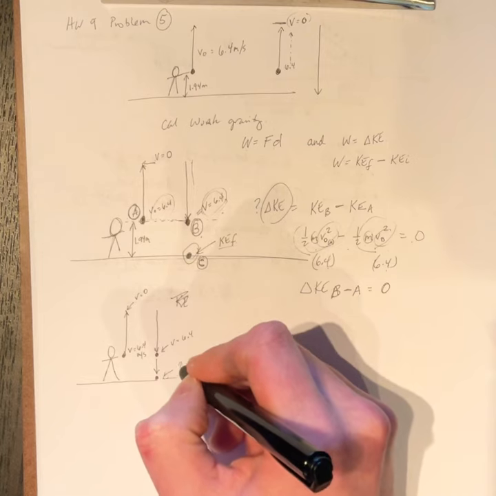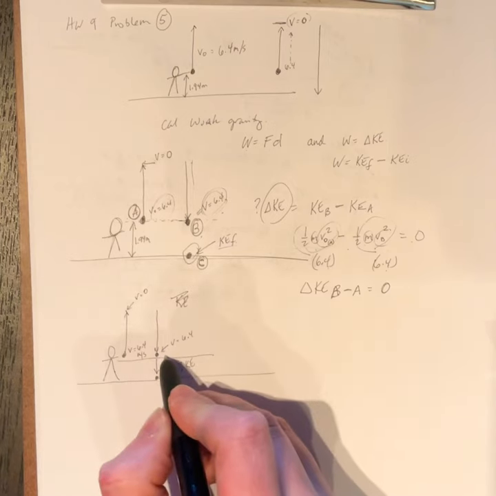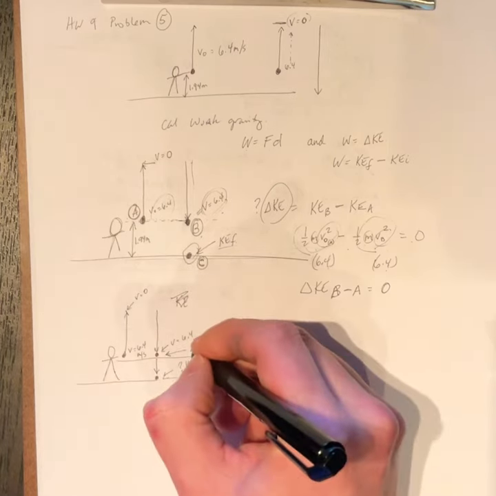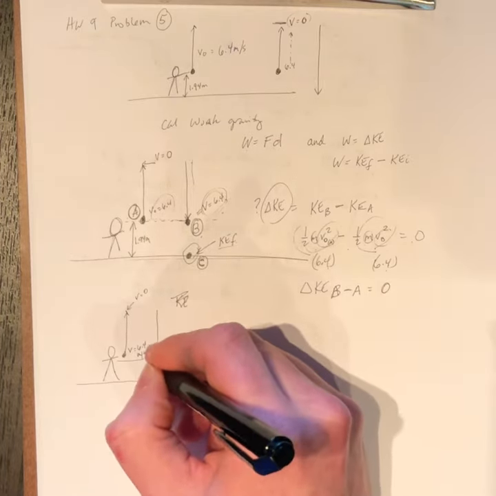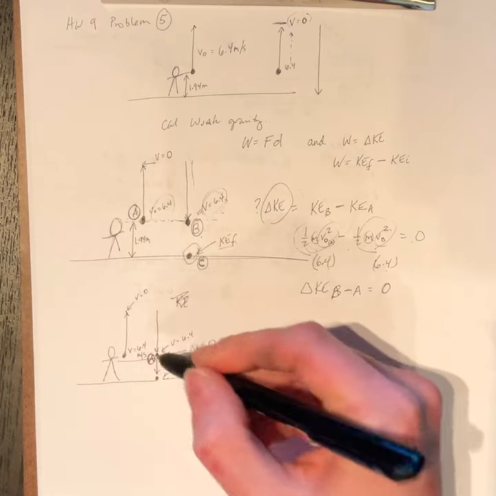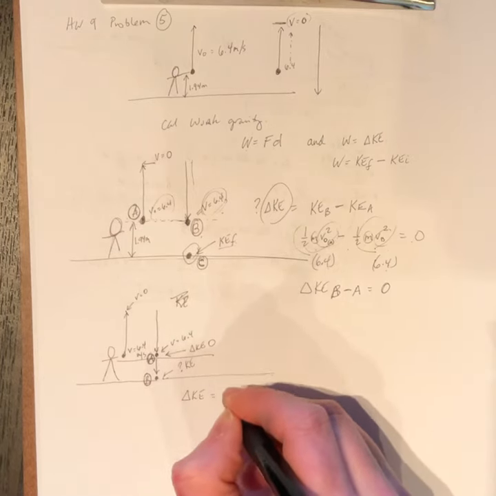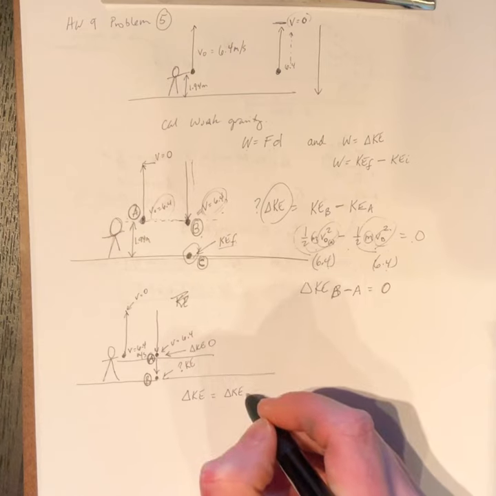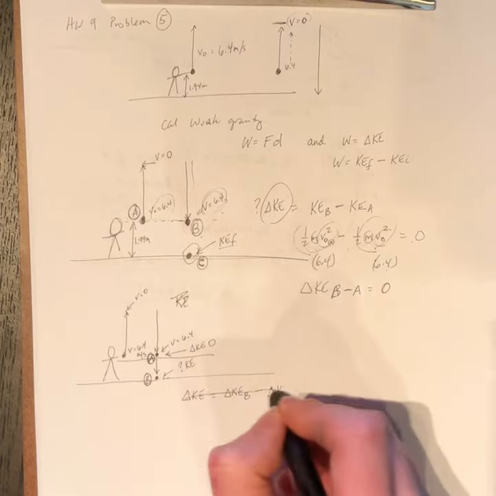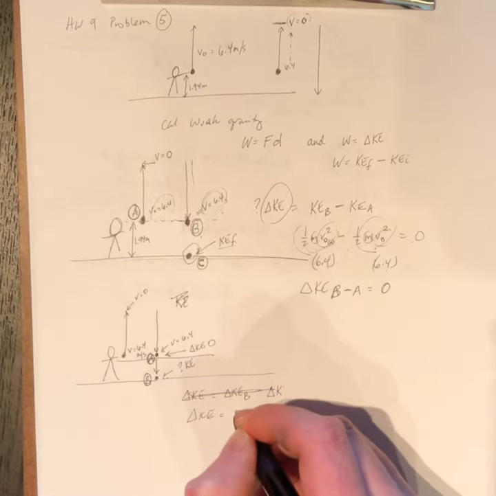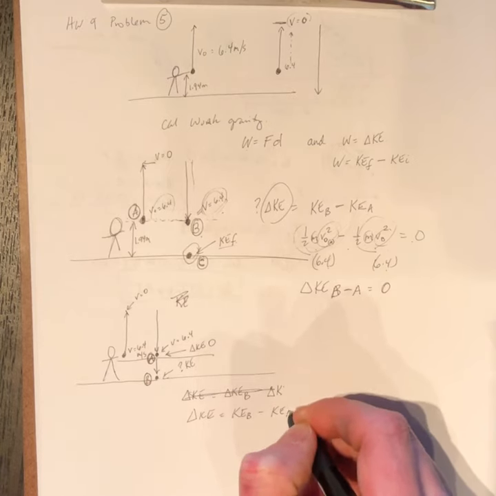And here, we're looking for the kinetic energy. So we know that the change in kinetic energy at this point was 0. Let's say this point here is going to be A, and this point here is going to be B. The change in kinetic energy is equal to the kinetic energy final, or B, minus the kinetic energy initial, which is A.